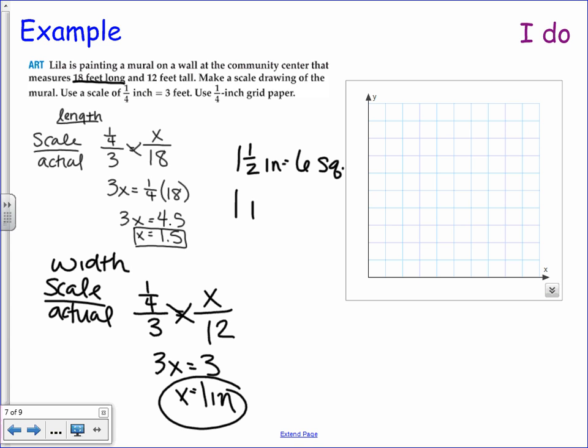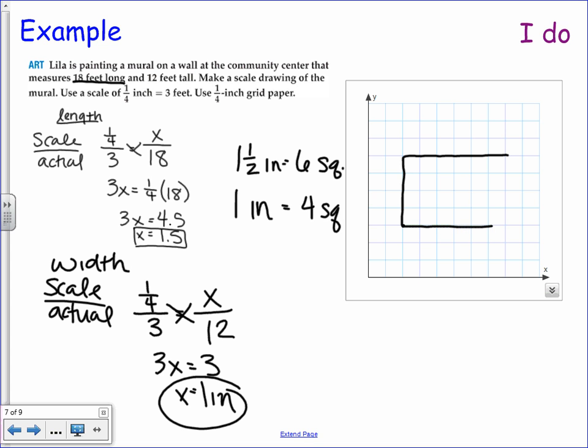And then I've got 1 inch. How many quarters are in 1 inch? Well, there's 4. So there's going to be 4 squares. All right. So our width is 4. So we're going to go 1, 2, 3, 4. 1, 2, 3, 4, 5, 6. Because our length is 6.